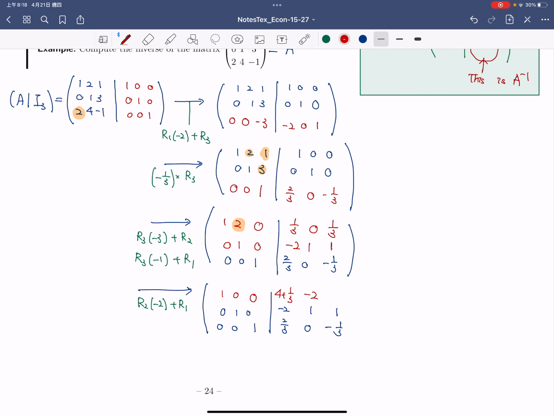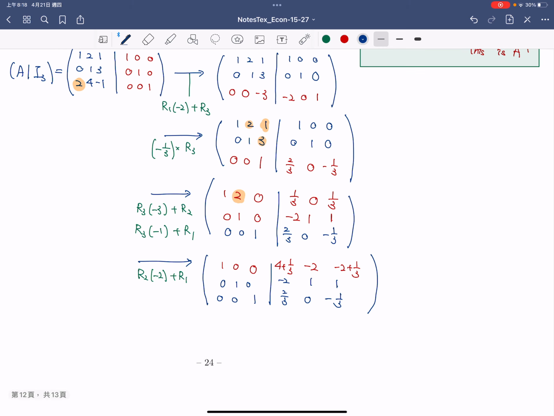And then finally, minus 2 plus 1 over 3. And then you say, oh, great, because this is the identity matrix. Therefore, according to our algorithm, whatever you have on the right-hand side is the inverse matrix, okay? So this would be the inverse matrix.